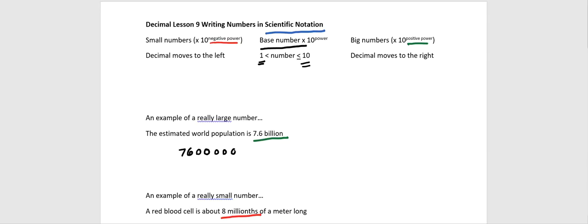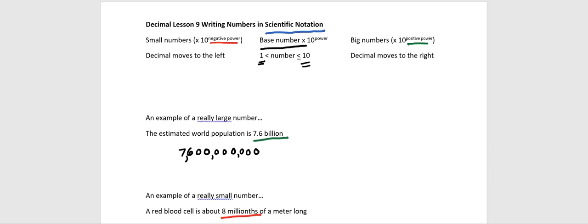Let's put 3 more zeros. 7,600,000. Okay, we still have more zeros, but that should be the number that we're looking at in standard notation. I have a comma every 3 digits, and that is how we would write 7.6 billion in standard notation.